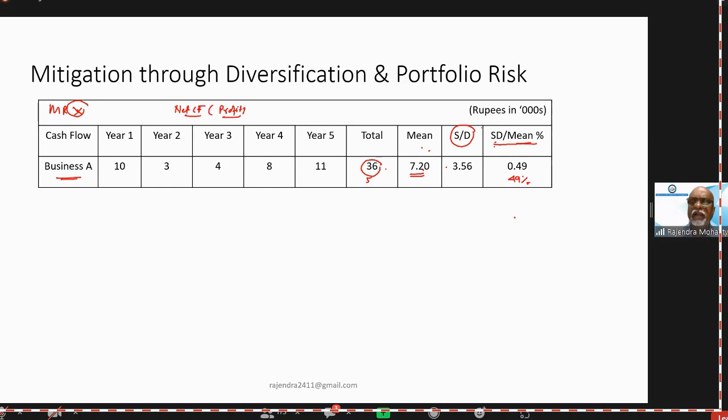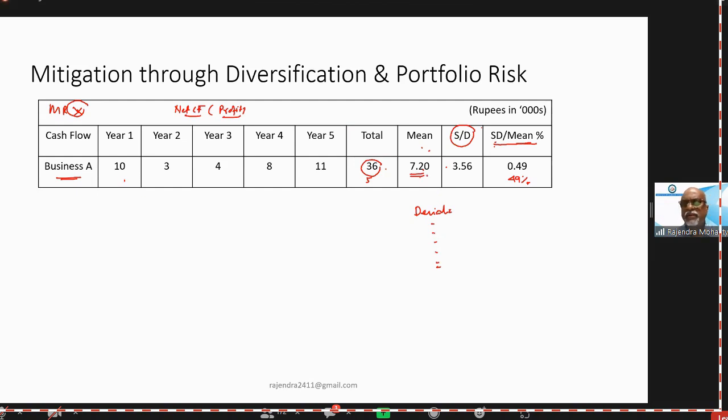3.56. How will it be calculated? How did you calculate it in the volatility? After the mean, I told you there are 3 steps. After the mean, you have to find the deviation. Each deviation you calculate. Deviation is the difference between each cash flow and the mean.